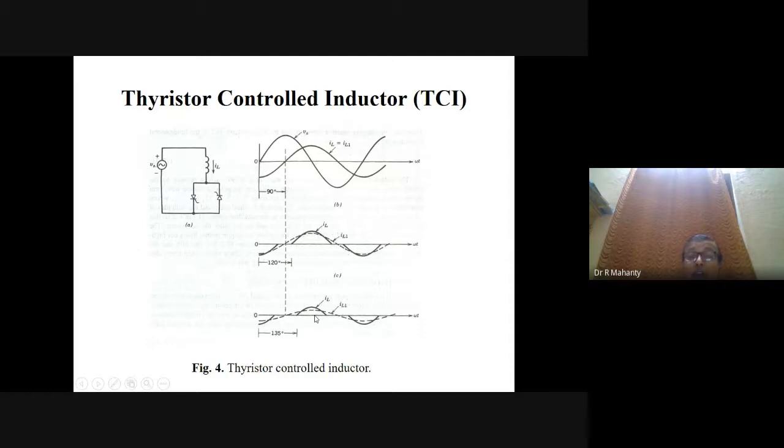It is away from a sine wave. And what do you mean by that? The fundamental component of current in it is reducing. That means the harmonic components are increasing. That means the thyristor controlled inductor, which you are using for compensating the additional value of the capacitance, is injecting additional harmonics into the system.